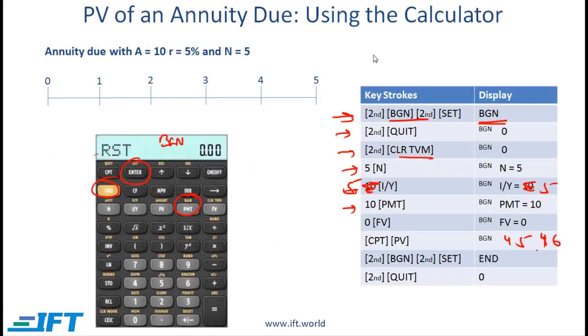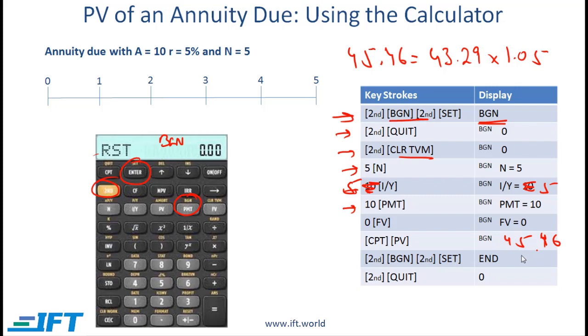And notice also that 45.46 is equal to the present value from the ordinary annuity, which is 43.29 multiplied by 1.05.